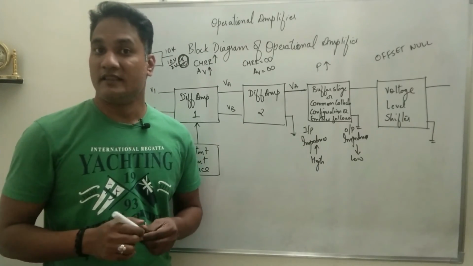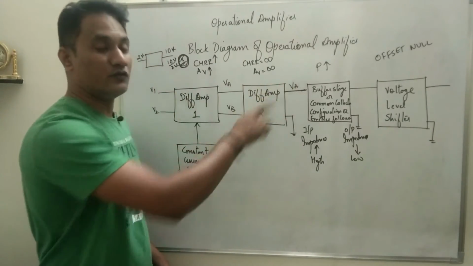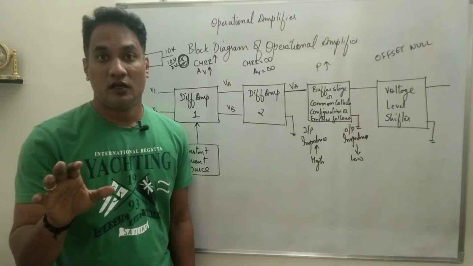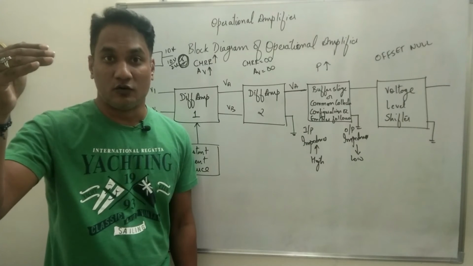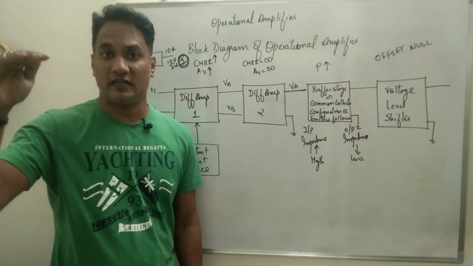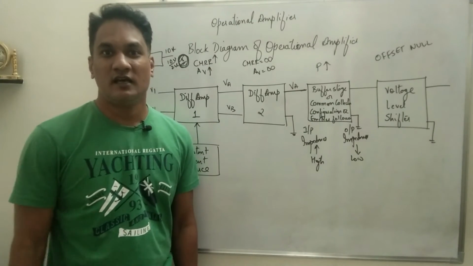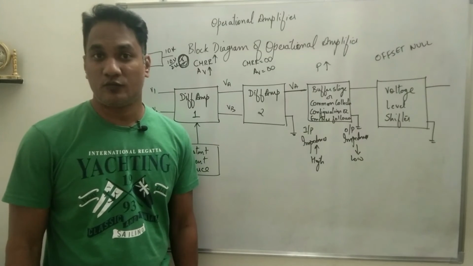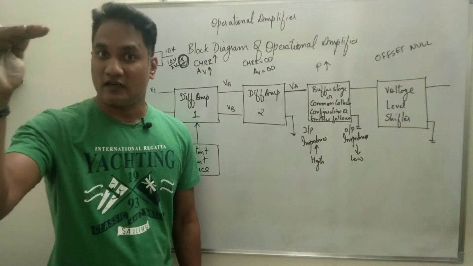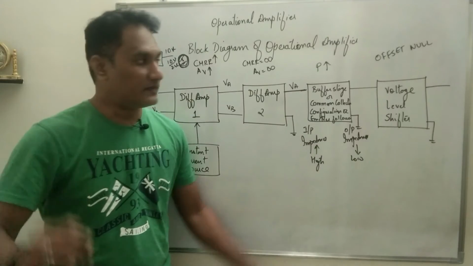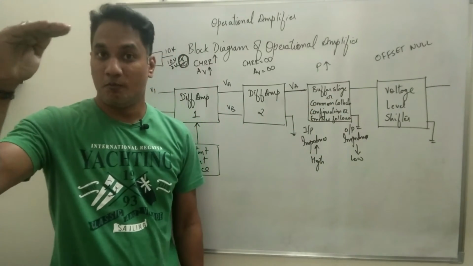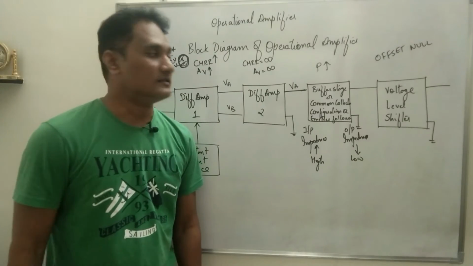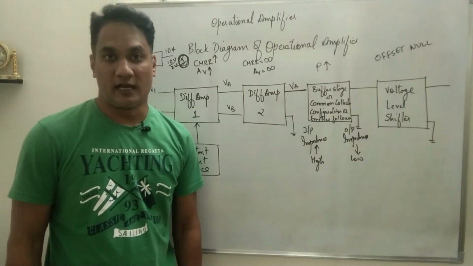What I said, in the absence of an input signal, the output must be 0, but there is a probability that the output may not be 0. If that is not 0, that value is unacceptable. There should not be any output voltage, so the output voltage has to be brought back to 0 level, and that is done by the voltage level shifter, and the process of making the output 0 is called offset null.